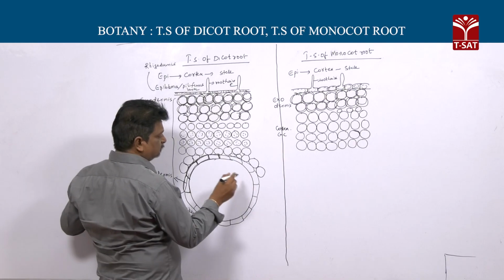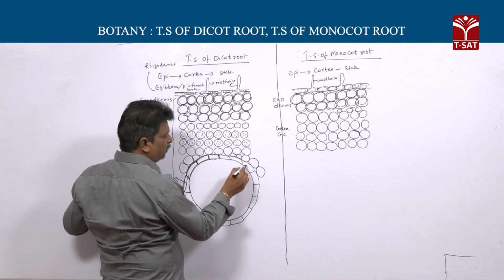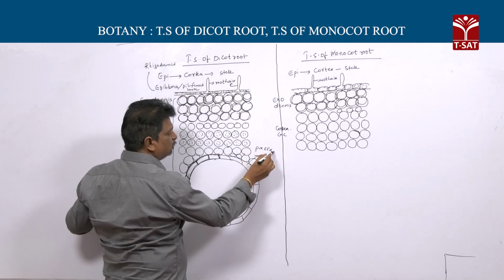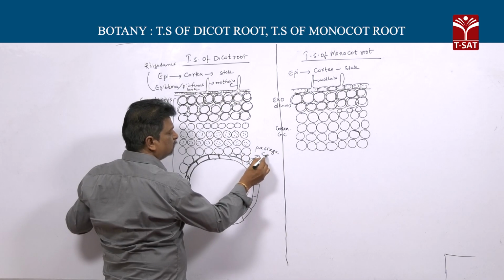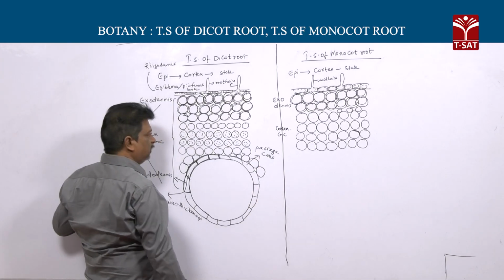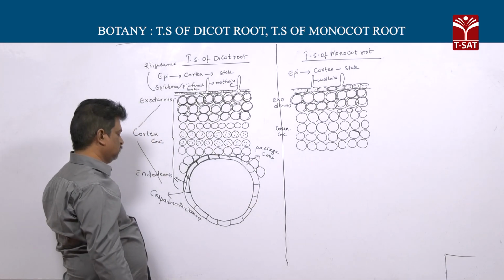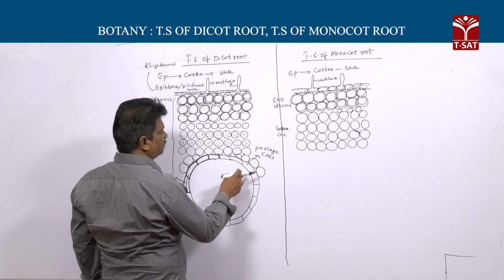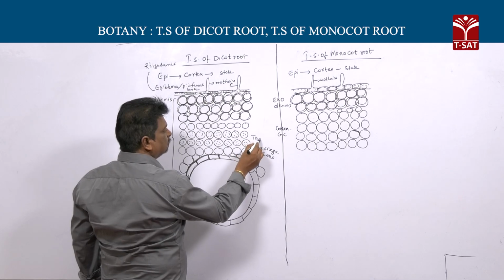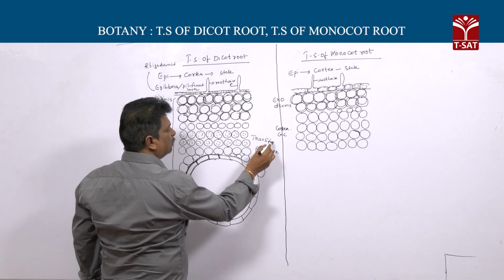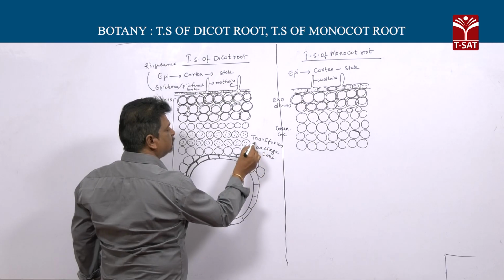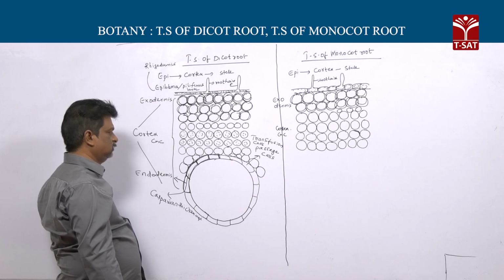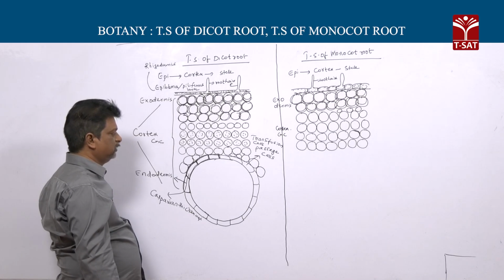So, some of the endodermal cells exactly opposite to protoxylem are thin-walled. Such thin-walled cells are called passage cells or transfusion cells. Through that, conduction takes place.